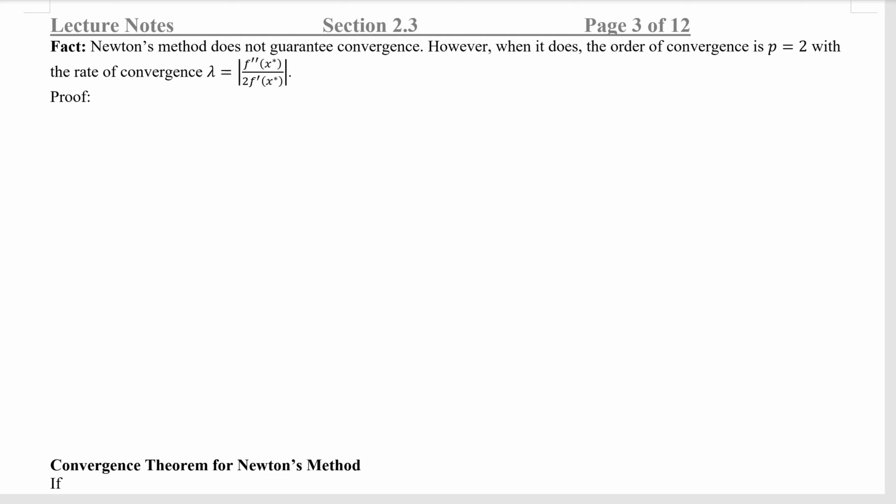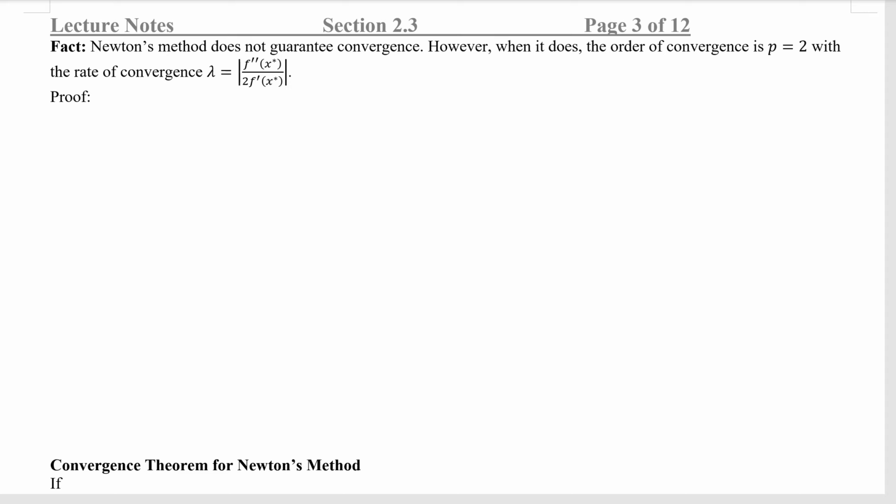Last time for the secant method, I just told you the order of convergence is around 1.62, and the rate of convergence I also gave to you. But that proof is kind of harder, and this proof is actually easier. So let's go over this proof. Are you ready?